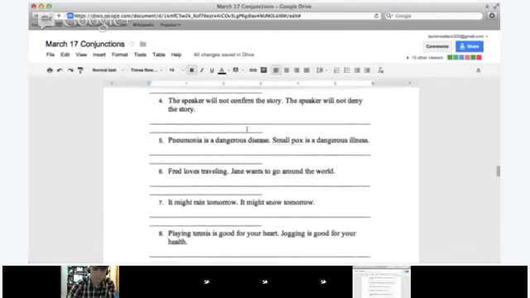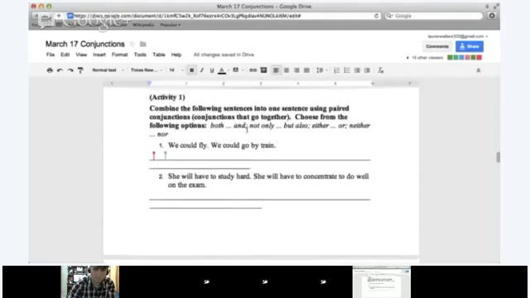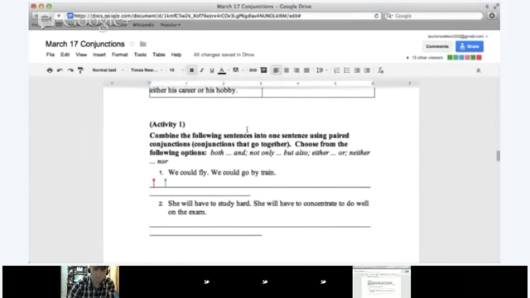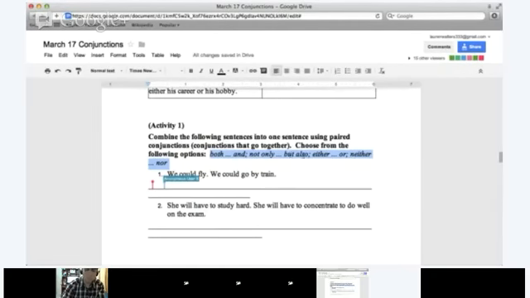So what you're doing here, I'm just going to clarify for those of you who don't really know, you're combining the two sentences you're given into one sentence using paired conjunctions. So we know that the paired ones are from the following: both and, not only but also, either or, neither nor.